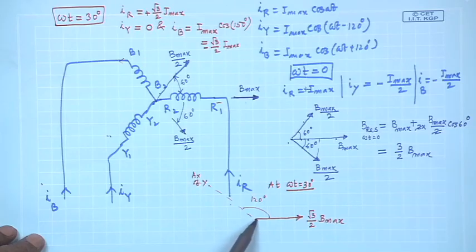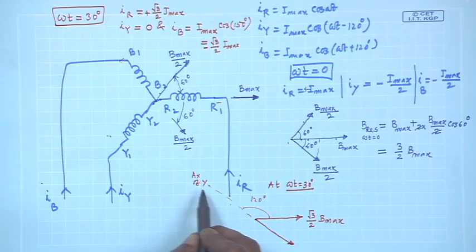So, this field will be like this at omega t equal to 30 degree. So, this is R phase, Y phase nothing is there, and B phase, sorry, B phase axis.